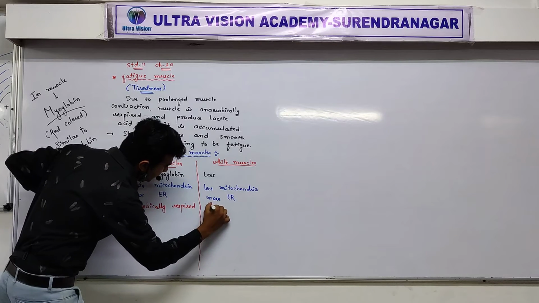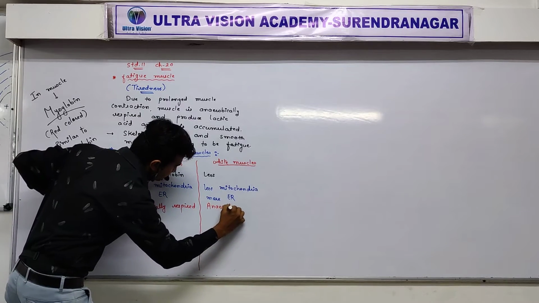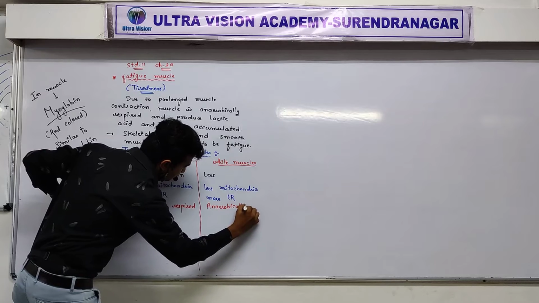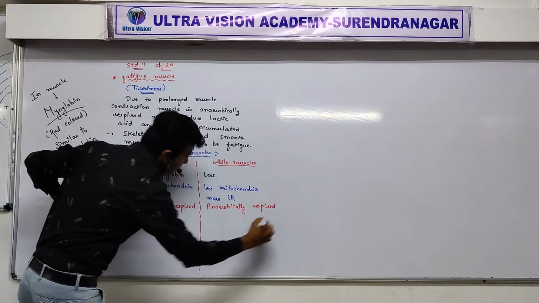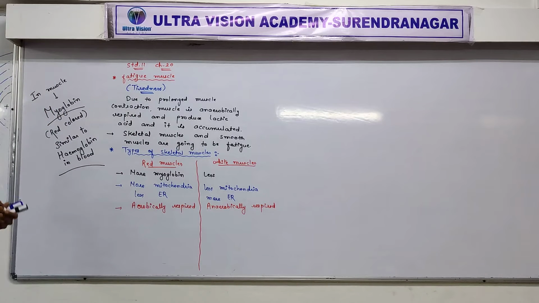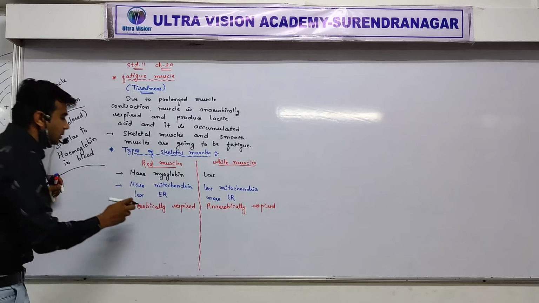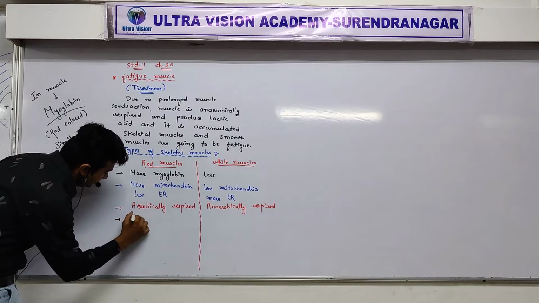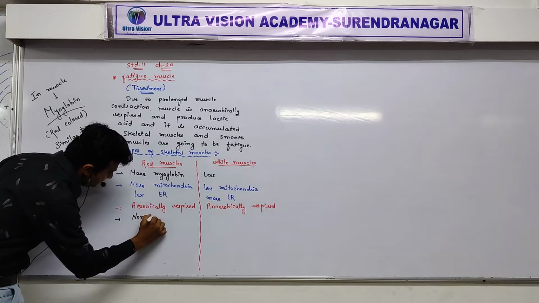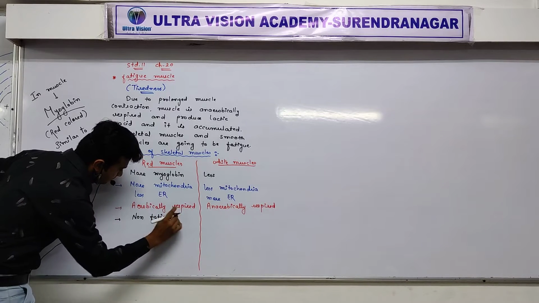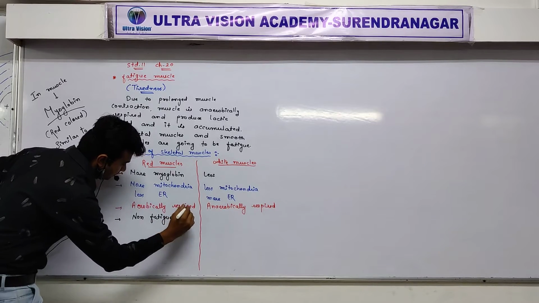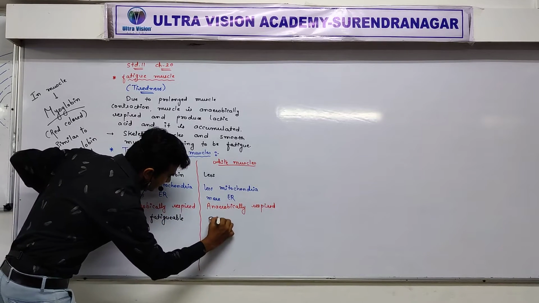White muscles are anaerobically respired. Red muscles are non-fatigable. These are fatigable.